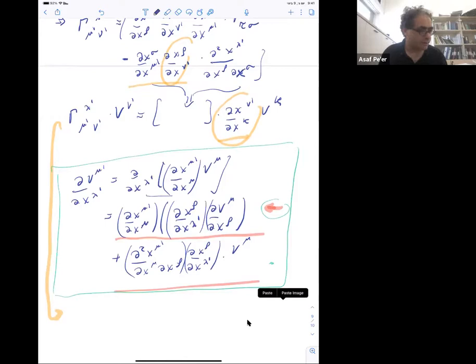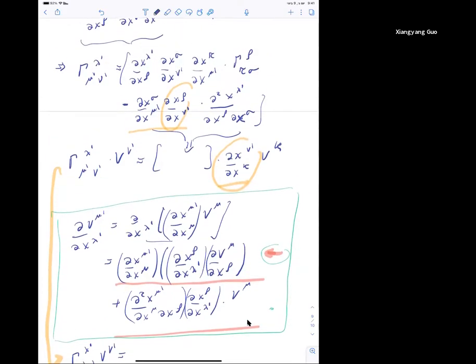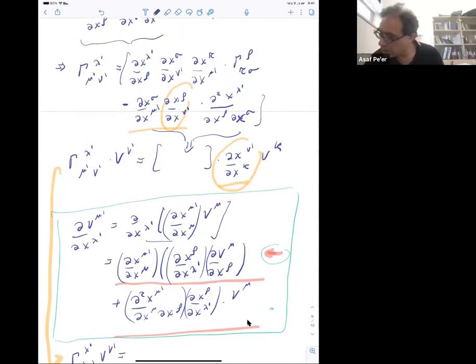So we have gamma lambda prime mu prime. Here again, I have a delta.